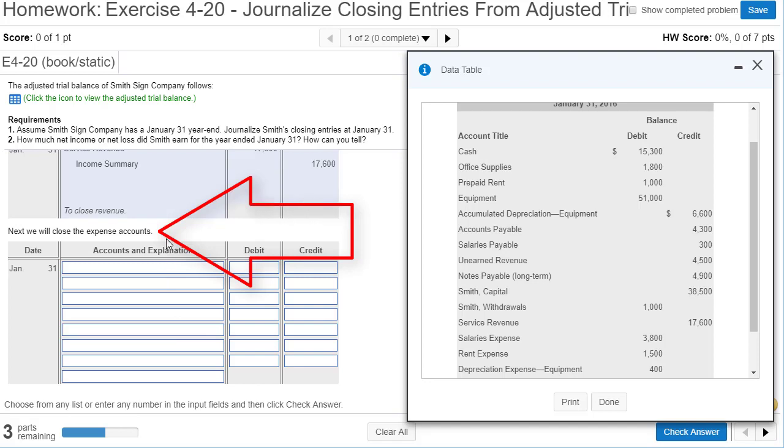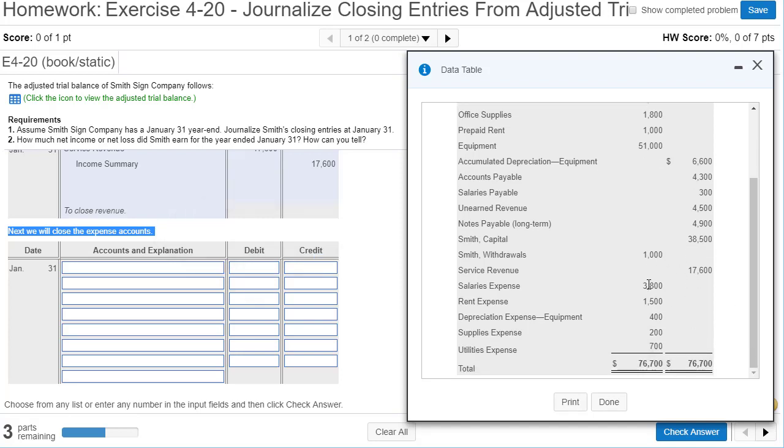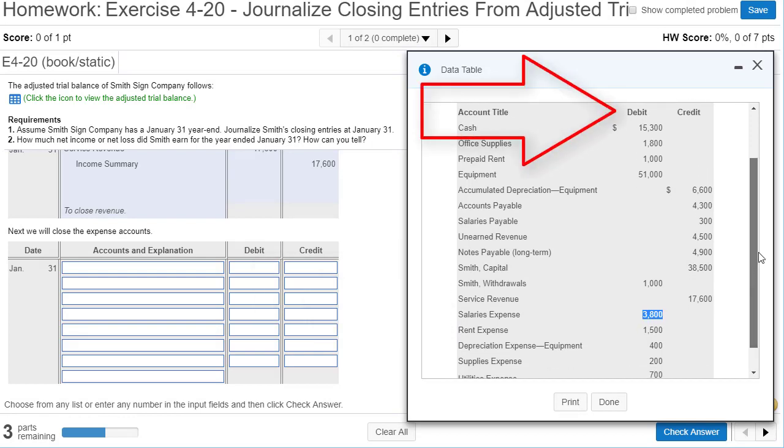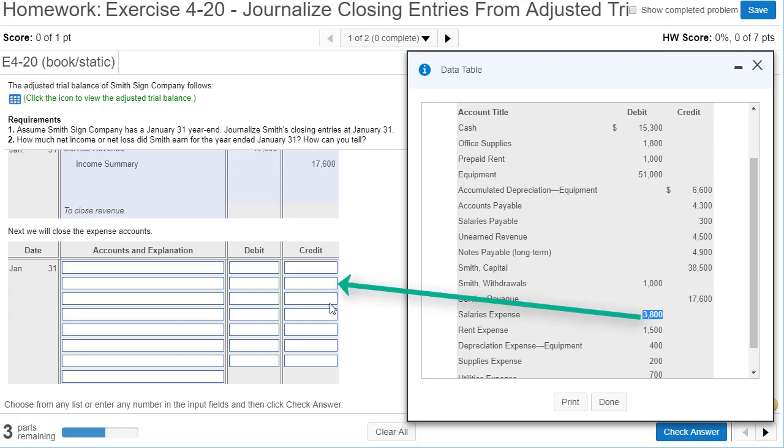Now the next step, we're going to close out the expense accounts. So let's find our first expense. We're going to scroll down, and here's our first expense. $3,800 salaries expense. Notice this is a debit. Expenses have debit balances. So how do we close out a debit balance? We're going to put it in as a credit. So I'm going to credit salaries expense $3,800.